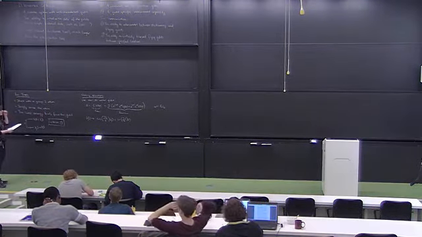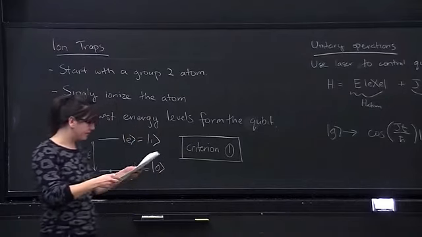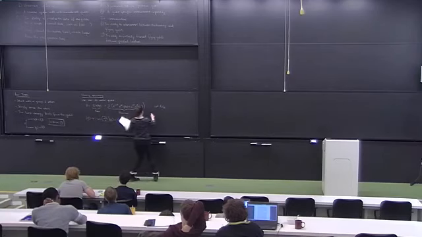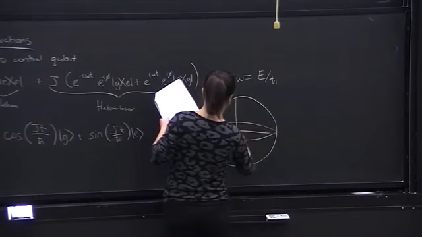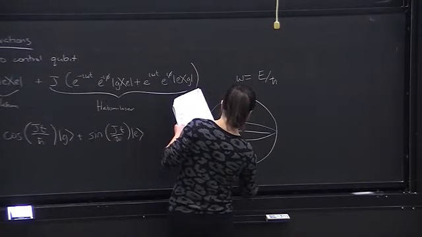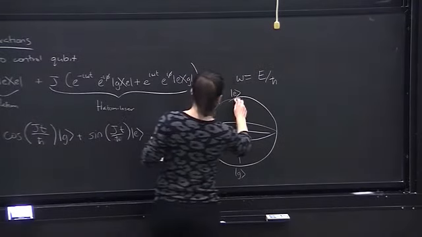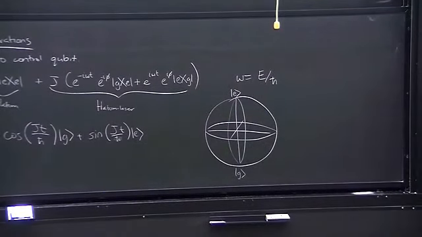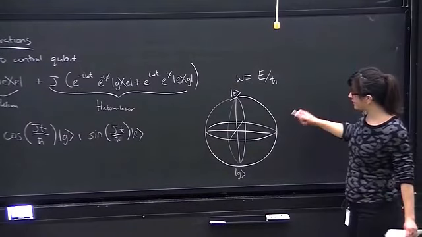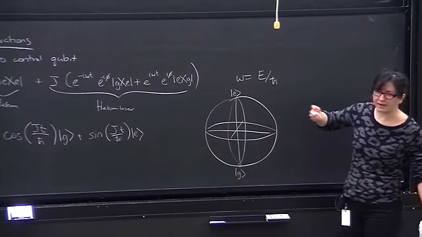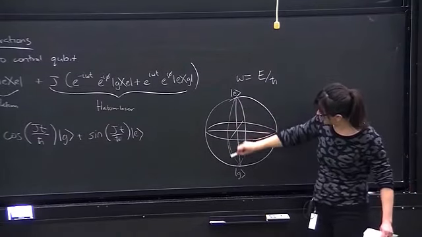Okay, so we can see that the ground state probability is going to just oscillate sinusoidally. And so if we want to look at the Bloch sphere and see what happens, we see that we start off in the ground state, and then as you're shining the laser on this thing, it's going to go up here and then come back down.